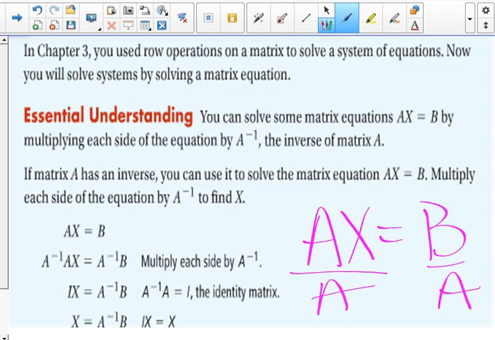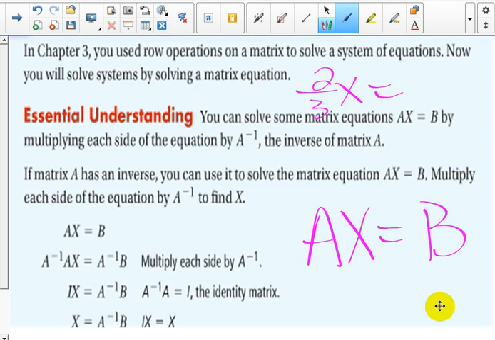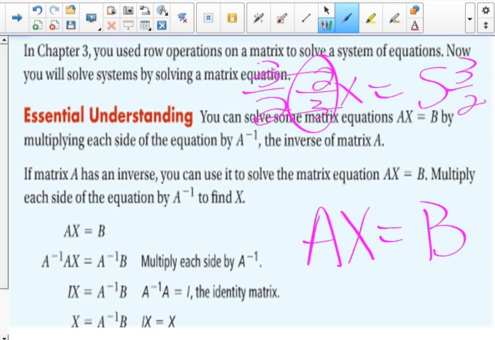Well, we never talked about doing division with matrices, and nor will we. What we have to do is sort of like clearing a fraction. Remember when we have like 2/3 X equal something, 5? What did we do to clear that fraction? Multiply by 3/2. Right? And it knocks it out.